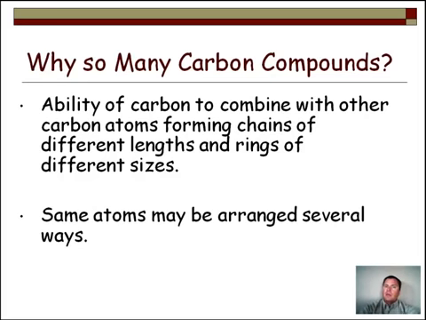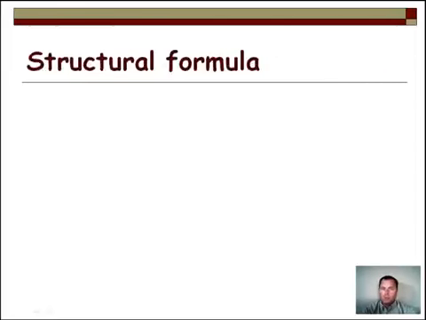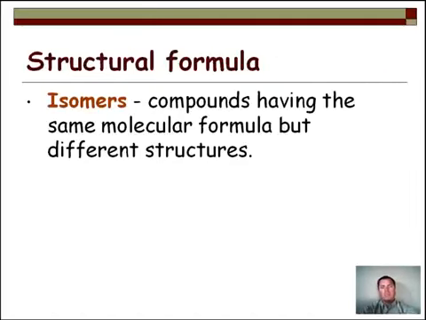The other thing these carbons can do is, even though they are made of the same number of carbons and hydrogens, they can be arranged in different shapes, and these different shapes give different properties to that molecule. We call these isomers. Isomers are compounds having the same molecular formula.